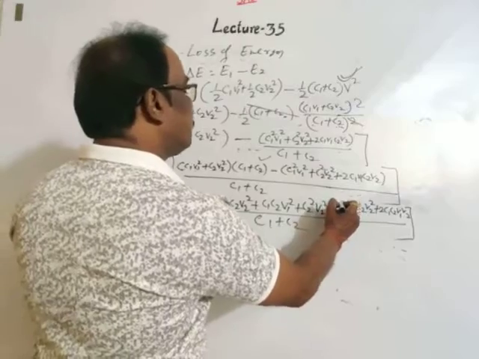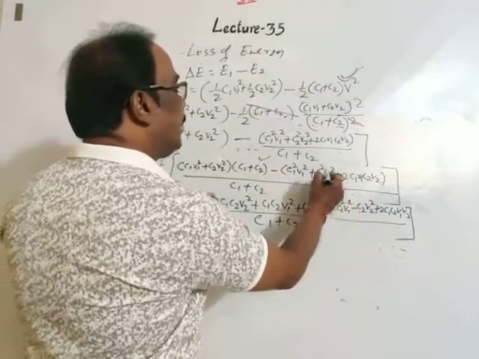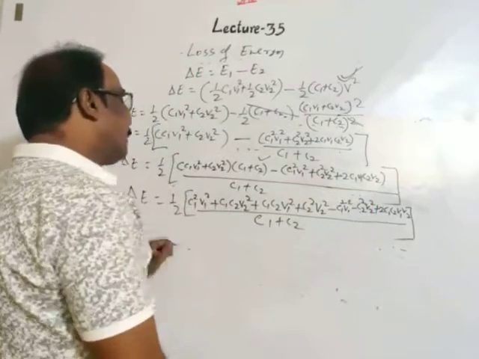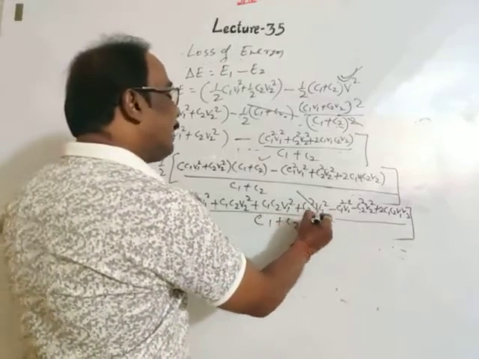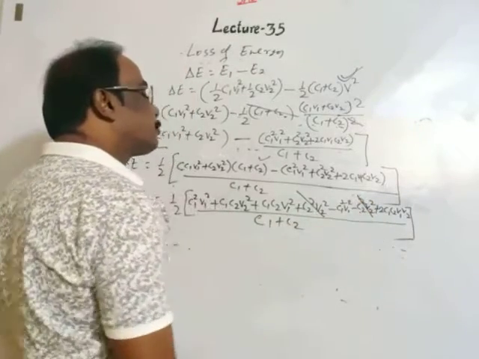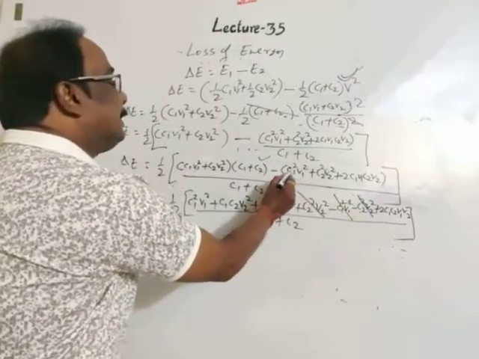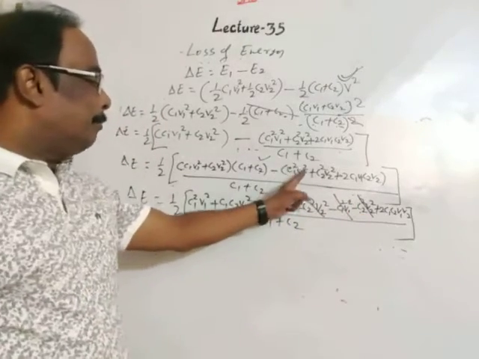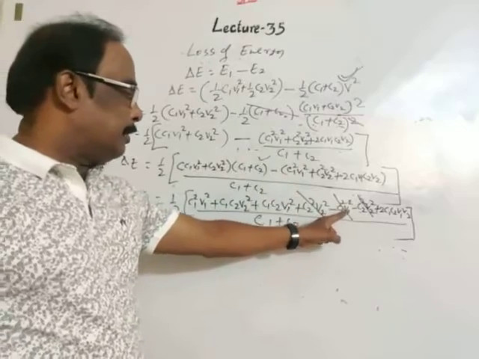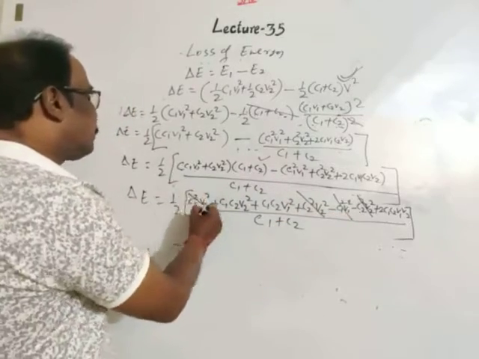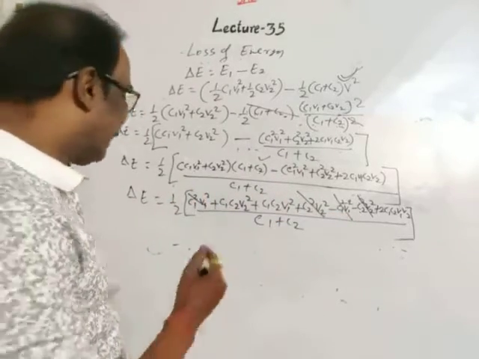Okay. C1 square V1 square, C2 square V2 square. So C2 square V2 square and C2 square V2 square get cancelled. Then this is C1 square V1 square, minus C1 square V1 square, this is also C1 square V1 square, get cancelled.